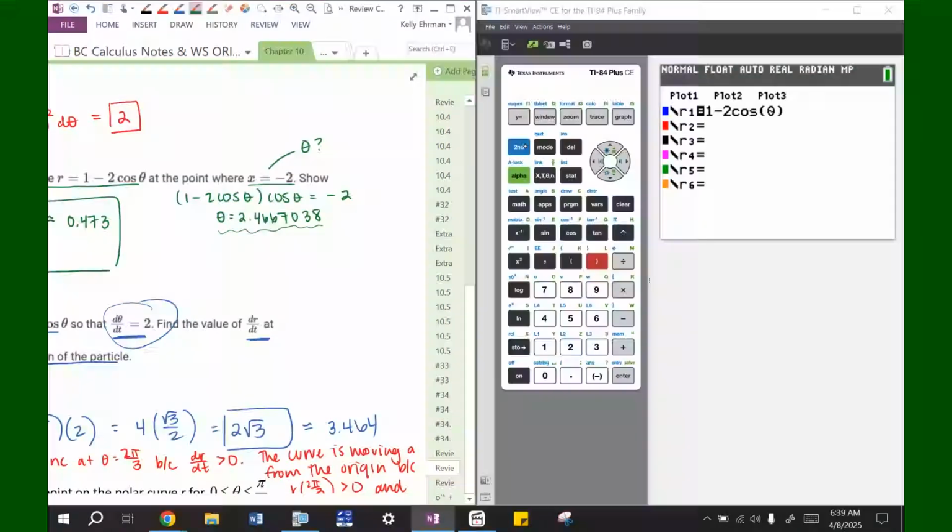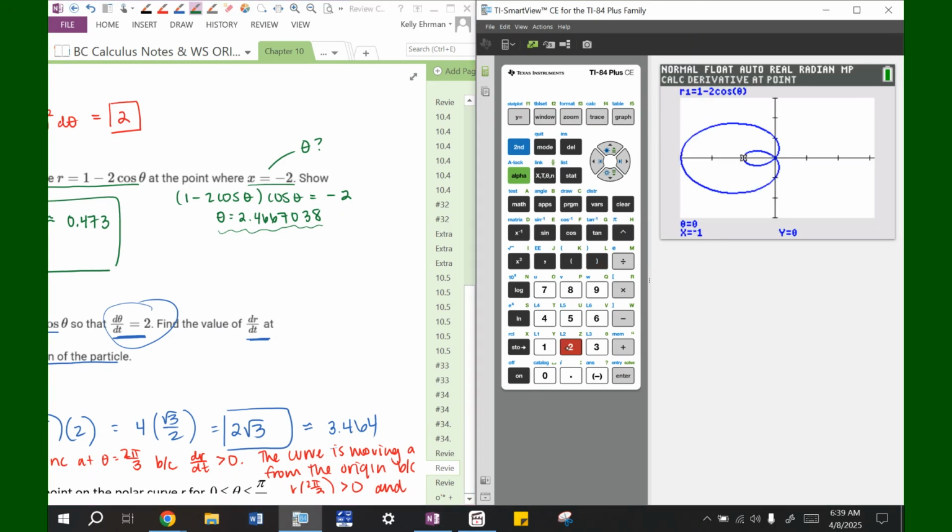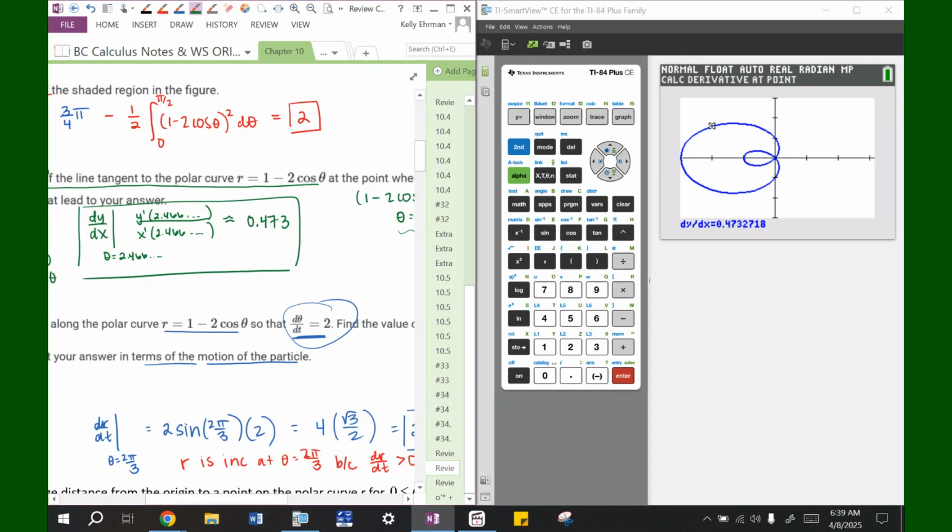But now I can go to second trace and have it find dy/dx for me at 2.466. I'm just typing this whole thing in. So that did give me the same slope that I got before.